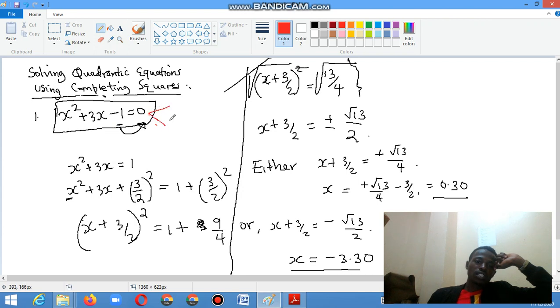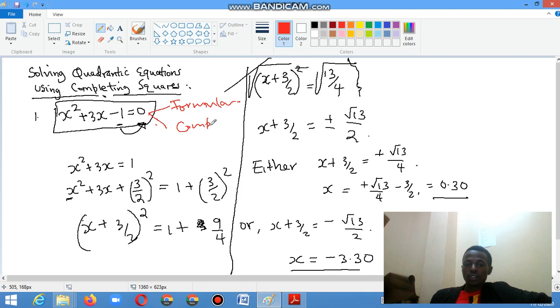If you are given such a problem, the only way to attempt it is using the formula, or you can also use this method of completing squares. As I told you earlier, completing squares can also be used to find the maximum or minimum values of quadratic expressions.